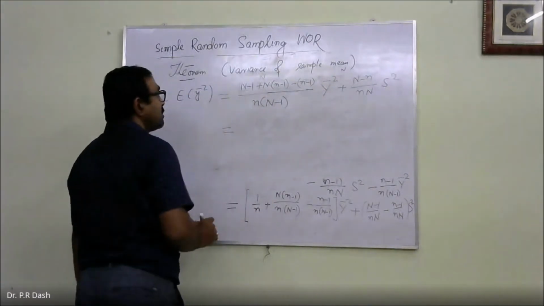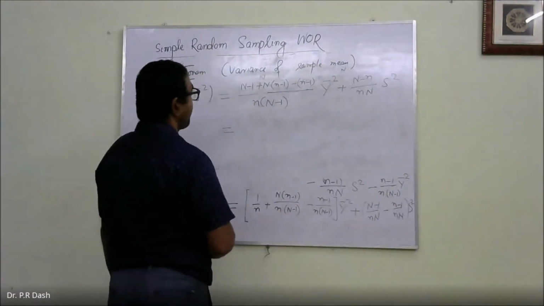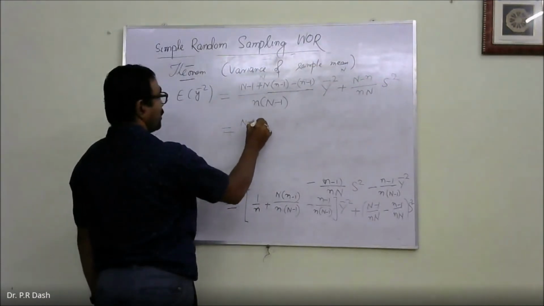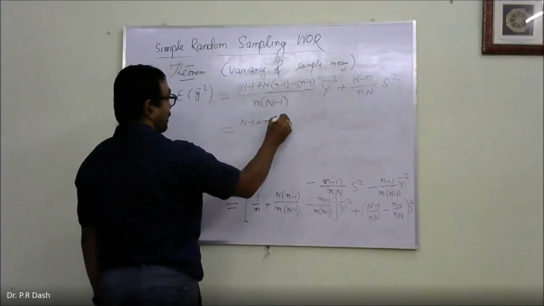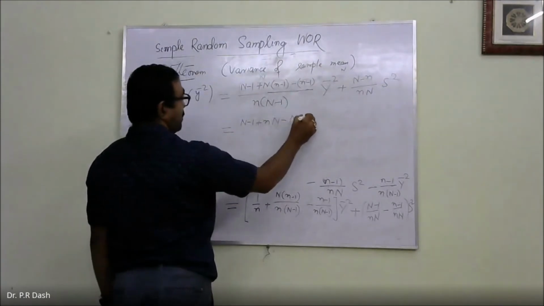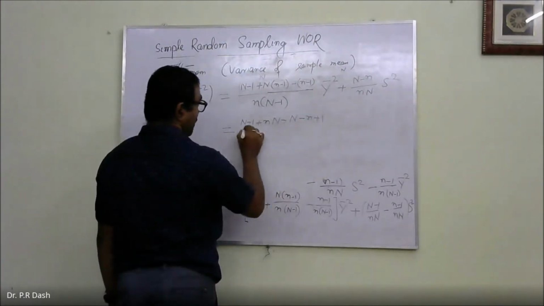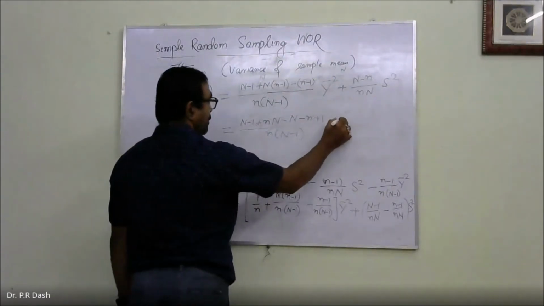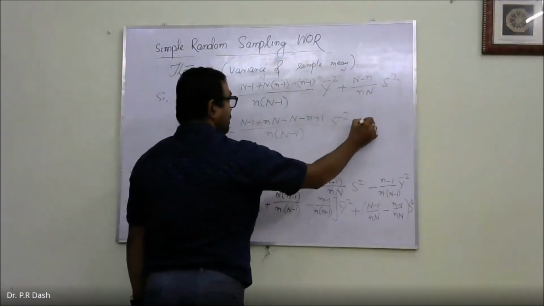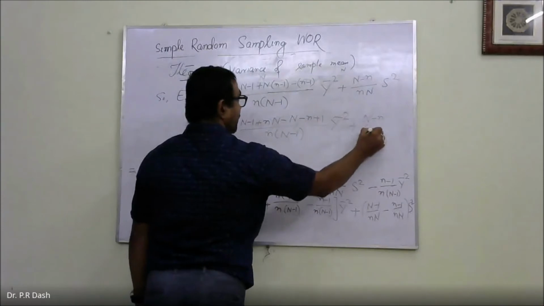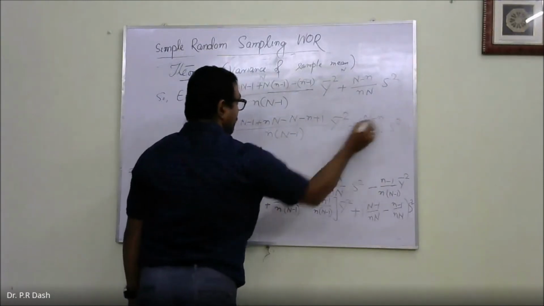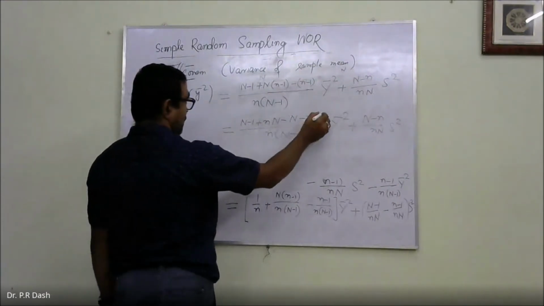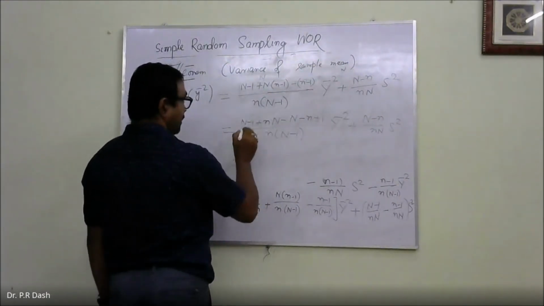This is equal to n minus 1 plus n minus n minus n plus 1 by n into n minus 1, y bar square, plus n minus n by n s square. So 1 cancels out.